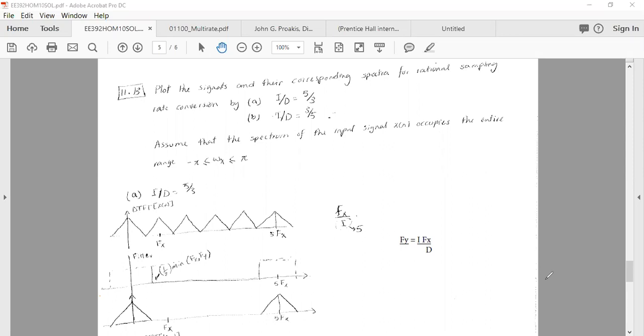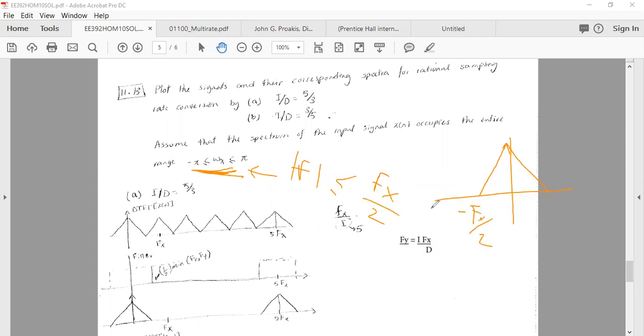So in this particular case, this part over here is given in terms of radians. We convert it to frequency. This is basically f is less than f of x upon 2, right? So this is converted into this. So the frequency response of x of n in terms of normal frequency f is going to give us negative f of x upon 2 till f of x upon 2, right?